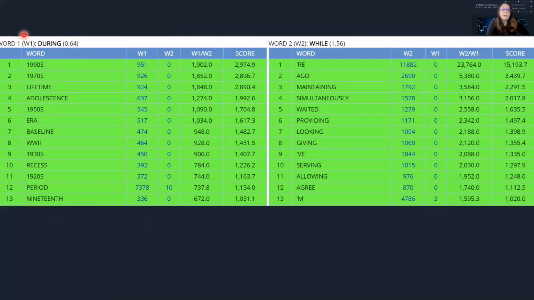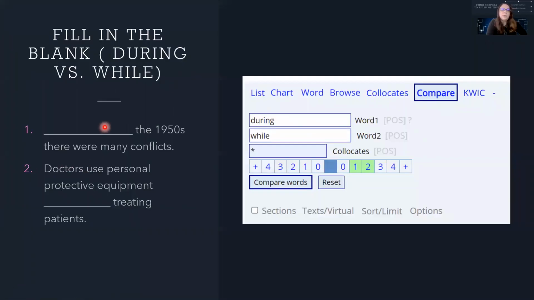So when we look at during, you can see this is usually associated with a time period. When you look at while, it's going to be associated again with an ing verb quite often: providing, maintaining, looking, giving, allowing. Okay, so the answer for this one would be during, and the answer for number 2 would be while.